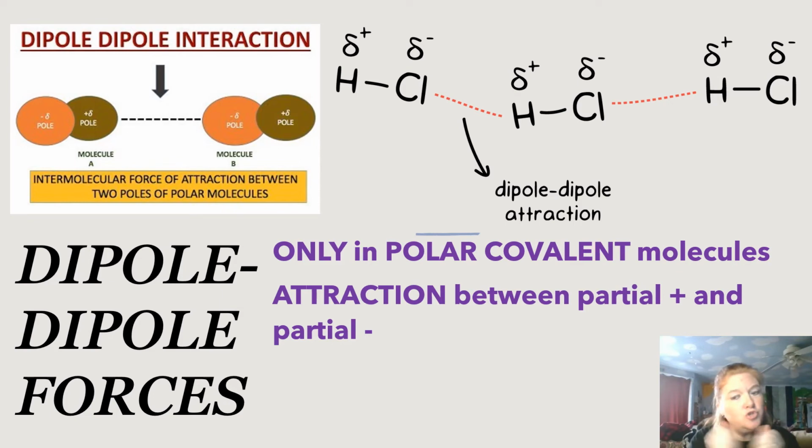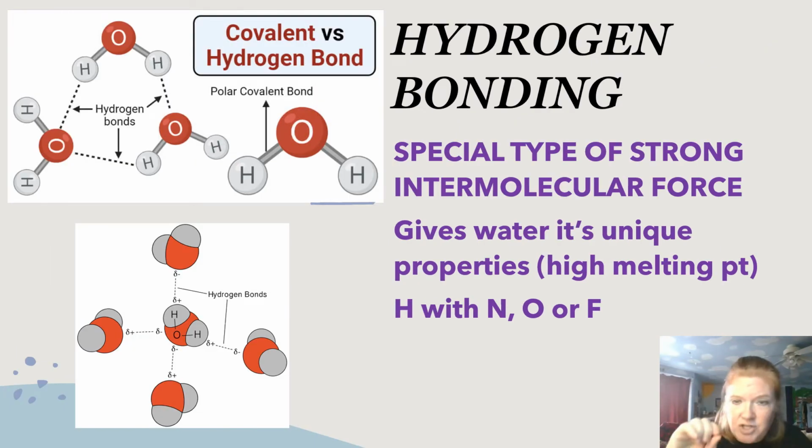And it is much stronger than the London dispersion forces, but still relatively weak. But there's a special one, and that is hydrogen bonding. It is the special type of van der Waals, special type of intermolecular force that is strong, and it gives water its unique properties. So water has a high melting point, unusual for a covalent compound.